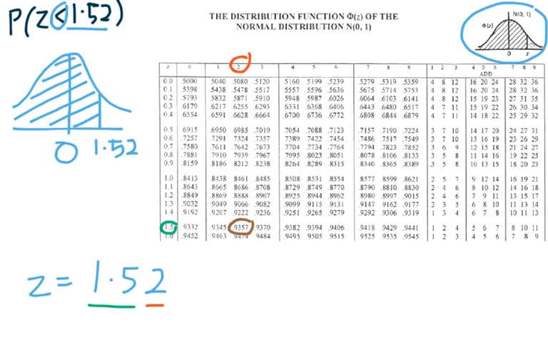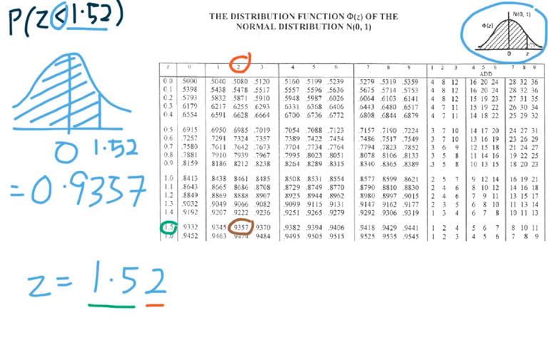You can see it's 0.9357. So that is the probability value for less than 1.52, meaning the probability less than 1.52 is 0.9357.